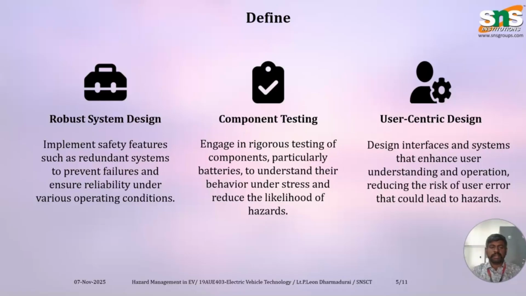In some safety systems, we need to predict failures before they happen. For component testing, we need to test each and every battery and motor, and regularly maintain them so that we can prevent problems.